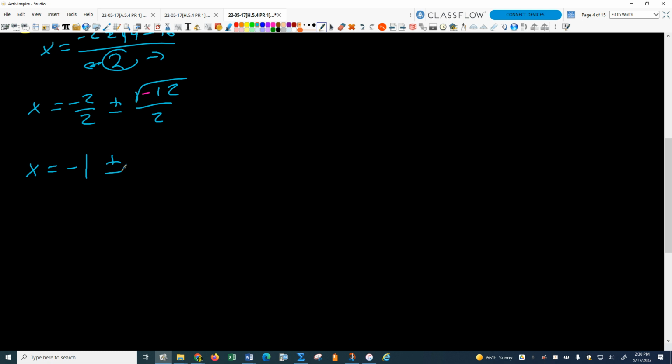Yeah, 2 radical 3. Everybody agree? The square root of 12 is the square root of 4, which is 2, times the square root of 3, right? So I'm getting 2 times the square root of 3 over 2. And the negative inside becomes an i outside. I can cancel the 2's, and look what I get: x equals negative 1 plus or minus the square root of 3 i.